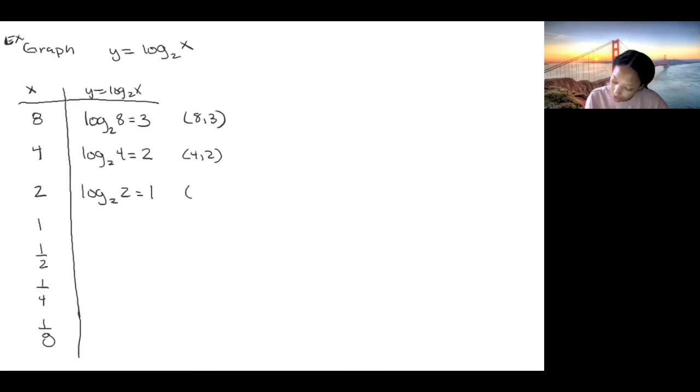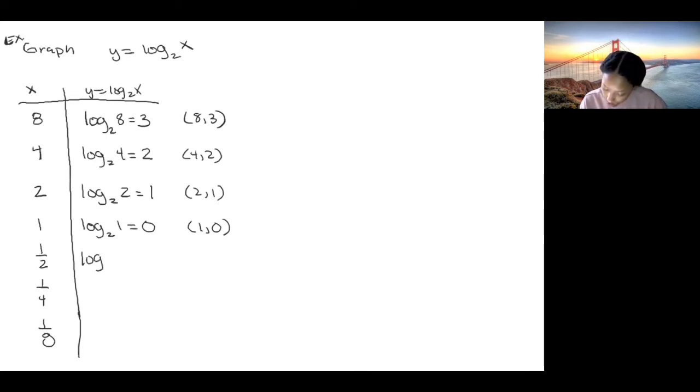And we get the point (2, 1). Next one, log base 2 of 1. This is asking what power can I raise 2 to get 1? Remember, anything raised to the 0 power is 1. So this would be 0. And we get the point (1, 0).